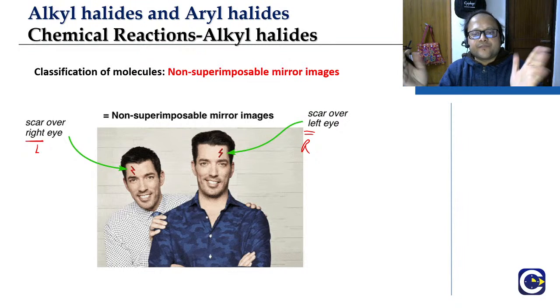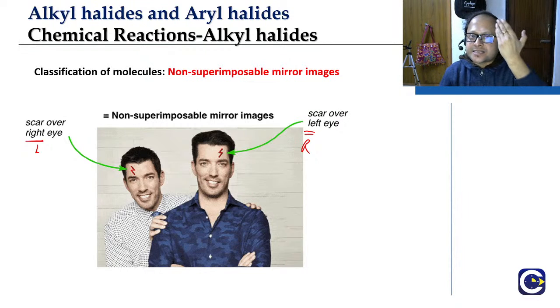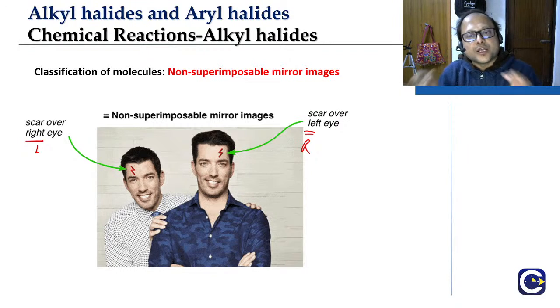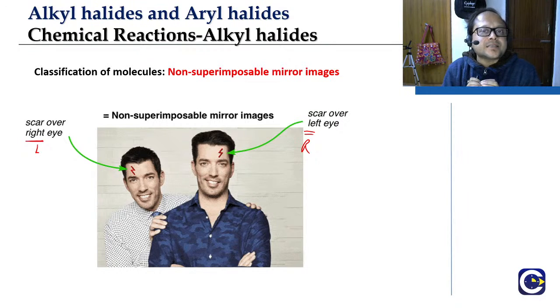If these twins stand one behind another, then one scar is on this side, the other scar is on this side, which means they are not superimposing. Even if you pick one of them and rotate by 180 degrees, they will not superimpose, which means these two are optically active and they can act as your enantiomers. If a mirror is kept in between, they can act as enantiomers. I hope this part is clear.